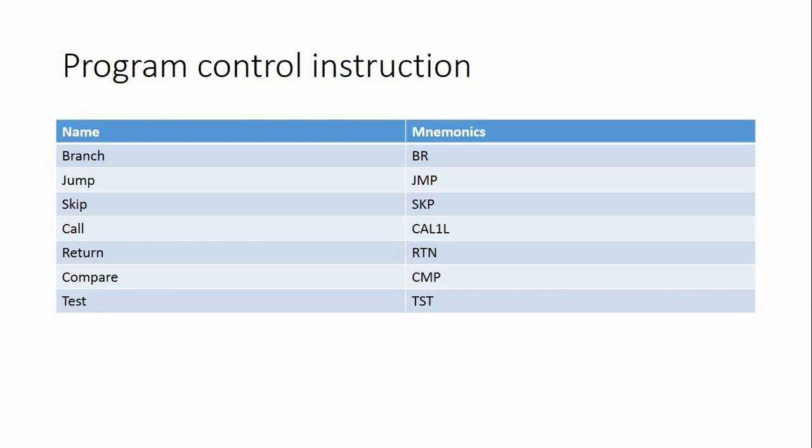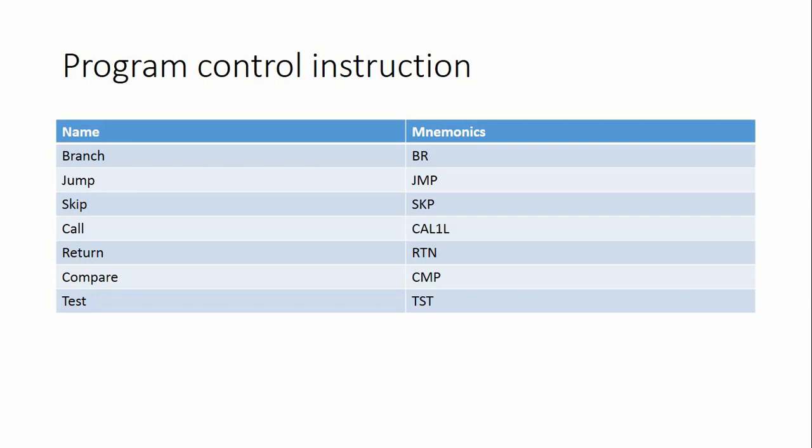PC is then incremented to point to the next instruction in sequence. Assuming the instruction is a data transfer or data manipulation instruction, the instruction is decoded and executed, and again the control returns back to the beginning of the instruction cycle.